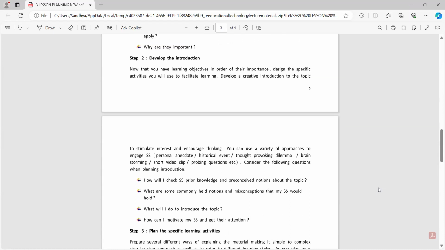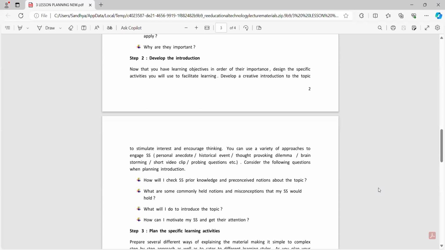I have narrowed further explain it now that you have learning objectives in order of their importance. Design the specific activities you will use to facilitate learning. Now, I want my students to name the life cycle of the butterfly at the end of the lesson. So for that, you have to prepare an activity.